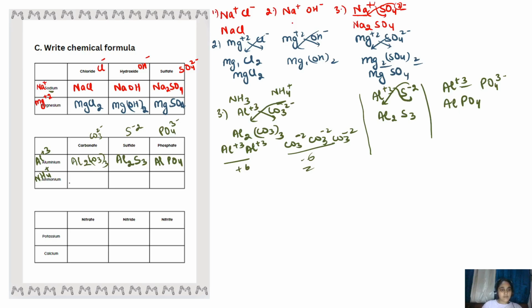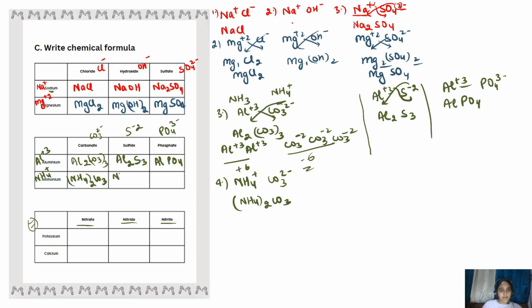Okay, so next is ammonium carbonate. Ammonium is NH4 positive, and these are the important examples. You have to note down these examples: nitrate, nitride and nitrite. So ammonium carbonate, CO3 2 negative, so simply (NH4)2CO3.